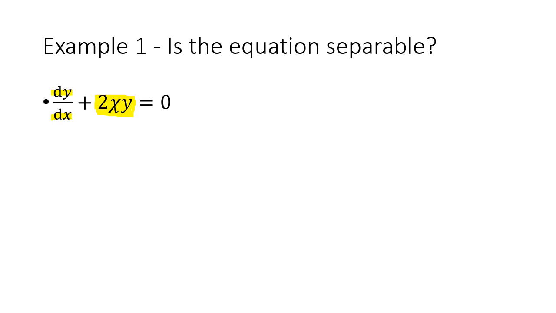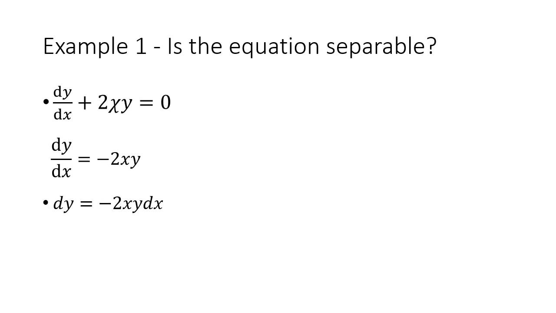So what we do is we take the 2xy and pass it to the other side of the equation with a negative sign, like this. So we will end up with a derivative which is equal to a multivariable function written as a product. So now that we have this expression written like this, we can continue to solve the equation.